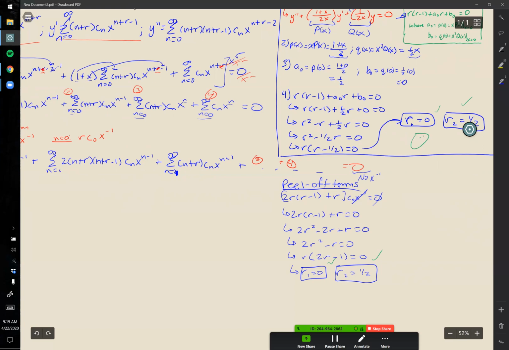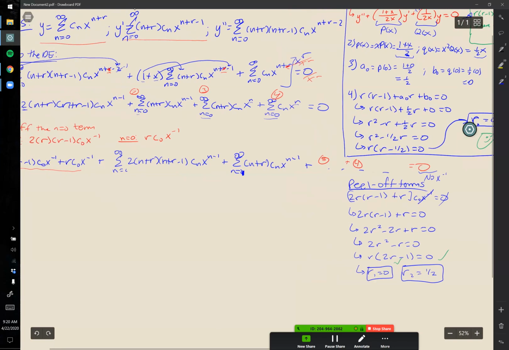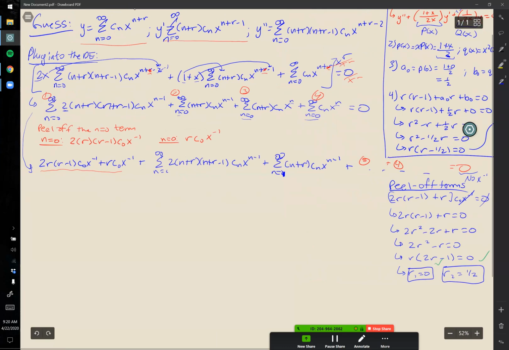That makes me happy. Whoa, that was a really bad smiley face. Well, anyways, celebrate all types of smiley faces. So that's cool. Those peel off terms give us the values of what r1 and r2 are. So that's nice.